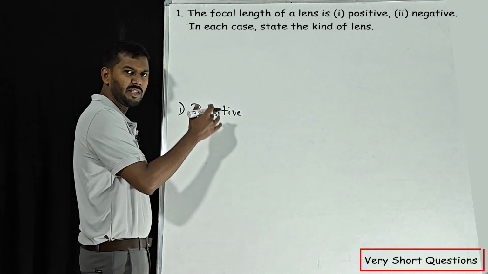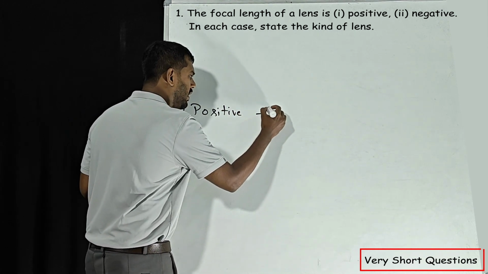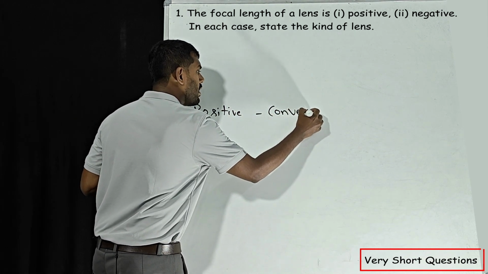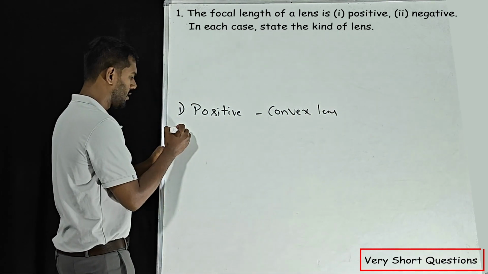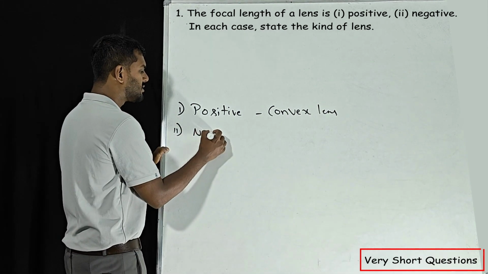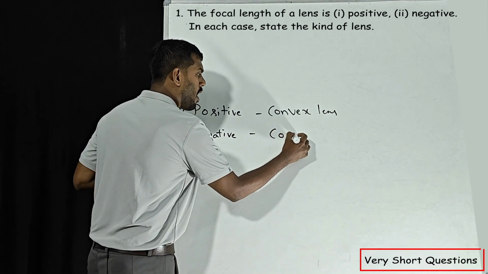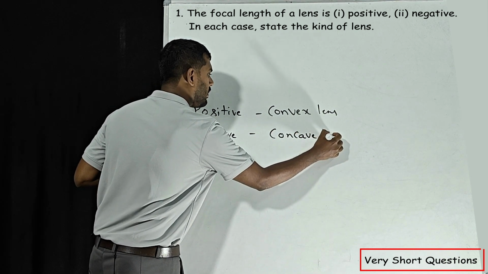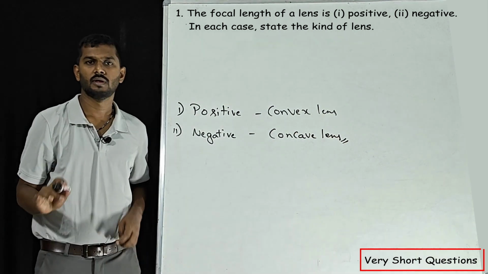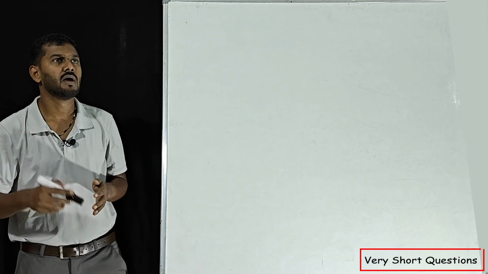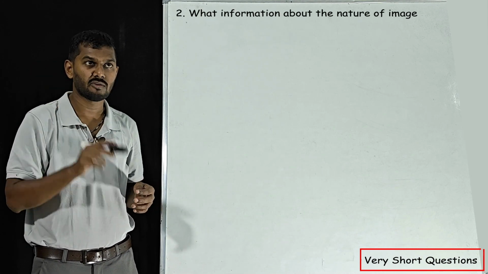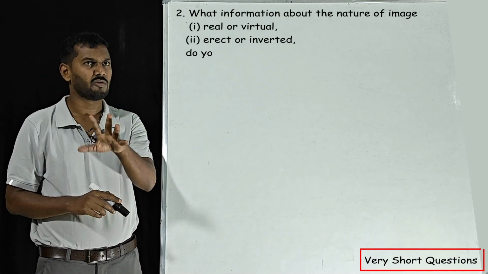Focal length is always positive for a convex lens. Second one, it is always negative for a concave lens.